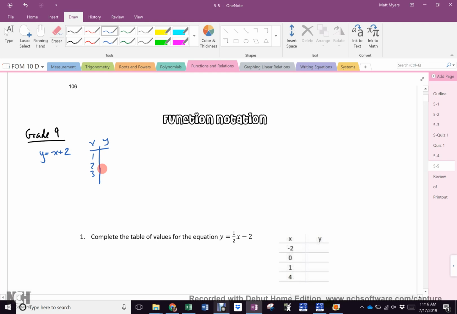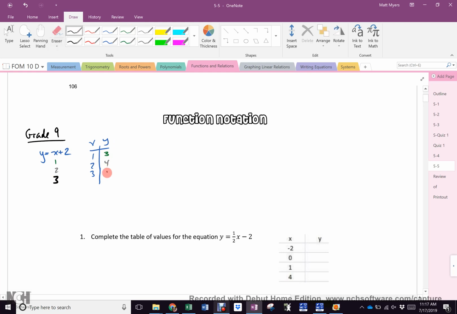You need to take this x and put it there, right? So you would put 1 there, you would put 2 there, and you would put 3 there. And that would get you 3, 4, and 5, right?